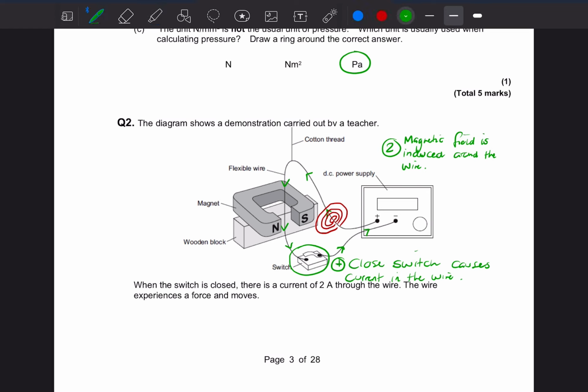So the third point when explaining the motor effect is that the magnetic field of the wire and permanent magnet interact.